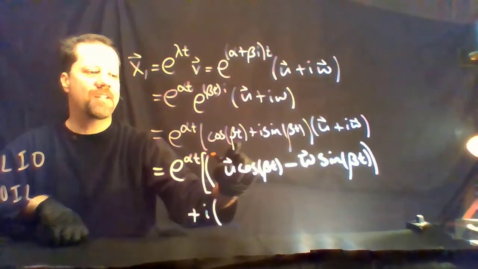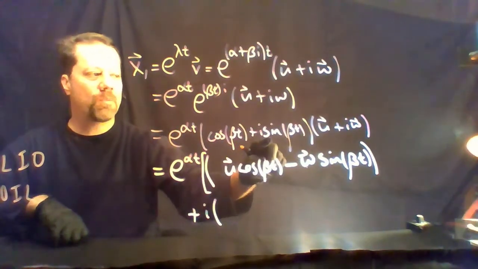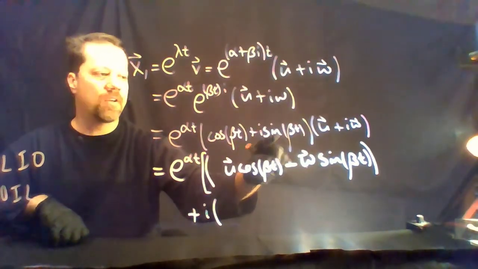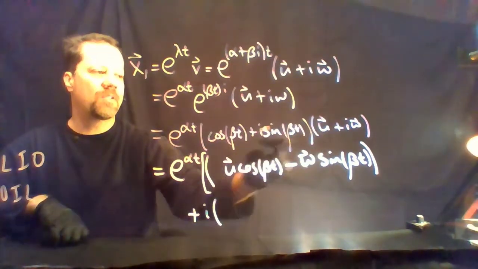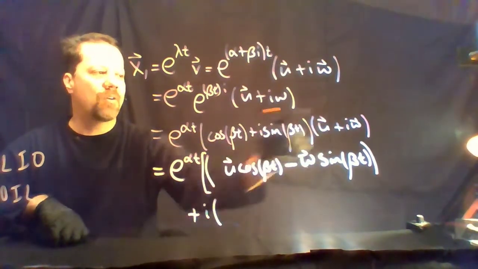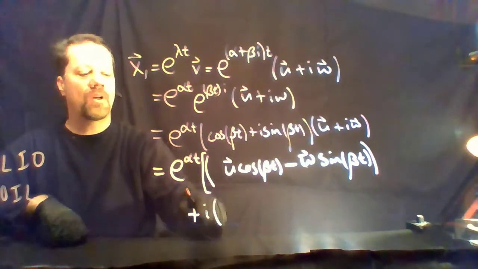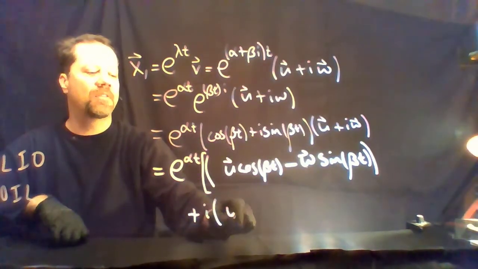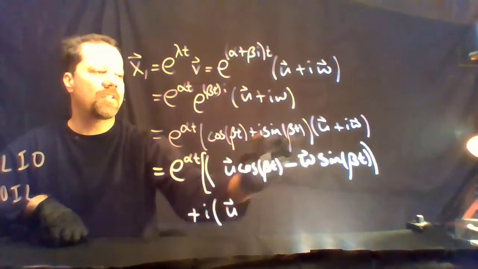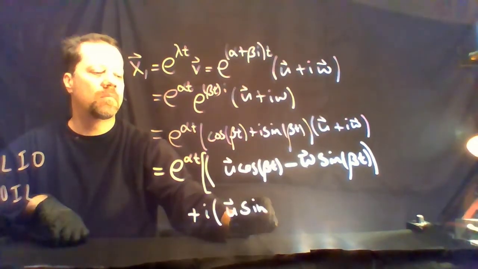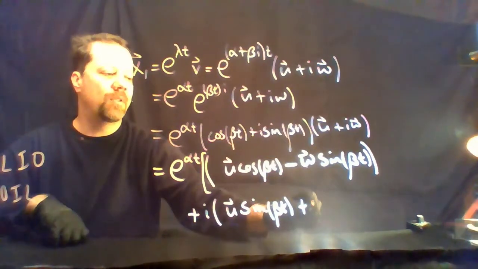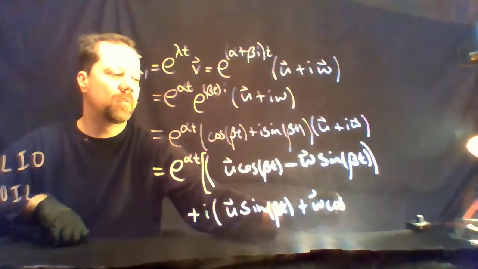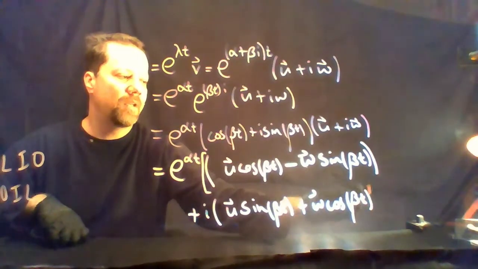But there's more. There's the imaginary parts. We have to multiply by the inners. The inners will have I times U sine beta. The outers will have I times W cosine beta. We'll factor the I out. And what we'll have left is U sine beta t plus W cosine beta t.